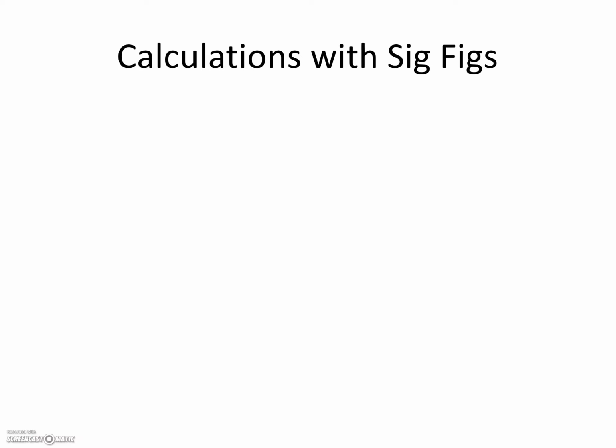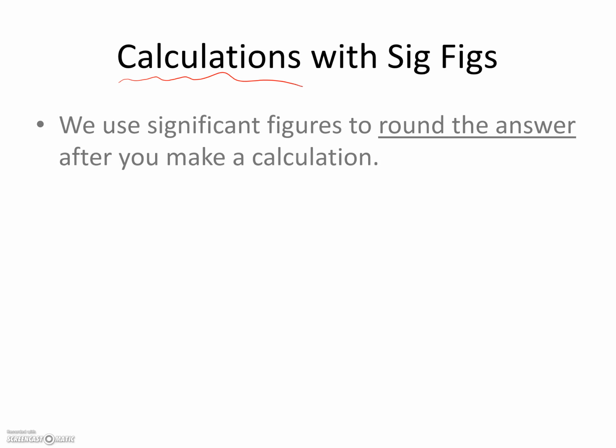All right. So really what we're going to be focusing on now is when we do a calculation with sig figs, we need to know at the end of that calculation how we round. Right? So this is our rules for rounding. And we're going to use those for the rest of the year. Right? So these sig fig things are never going to go away for the rest of the year.